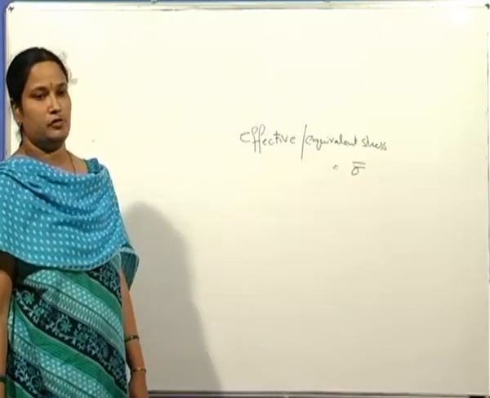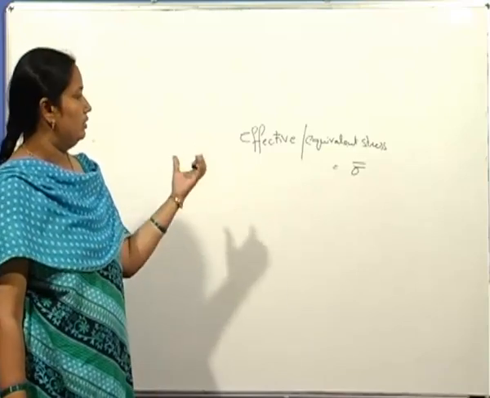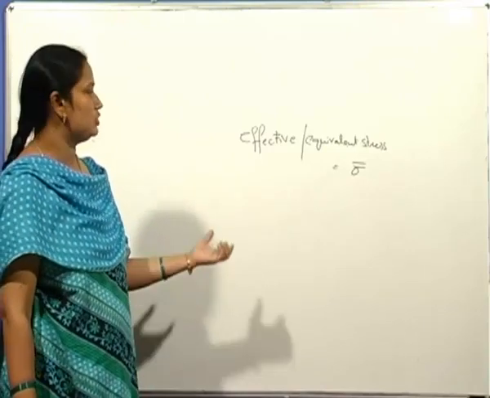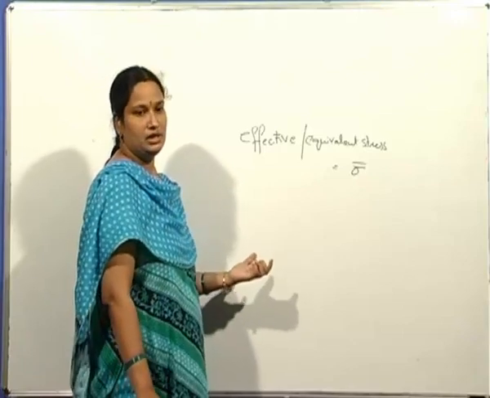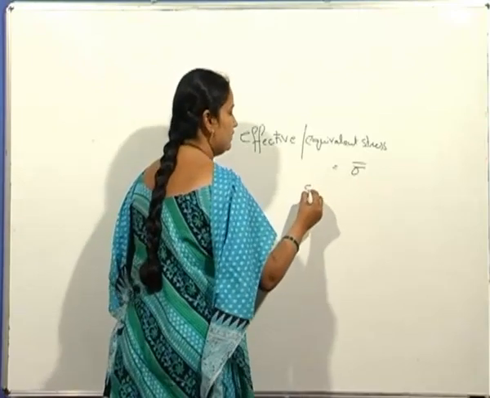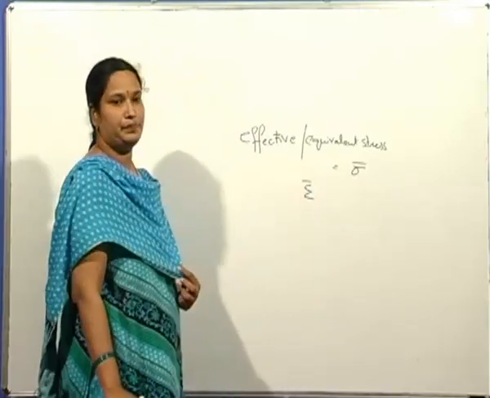Similarly, strains can be represented in terms of the effective or equivalent or representative strain, which is given by epsilon bar.